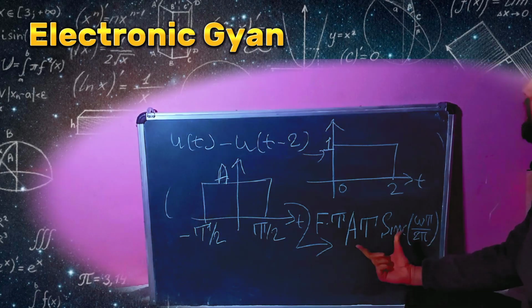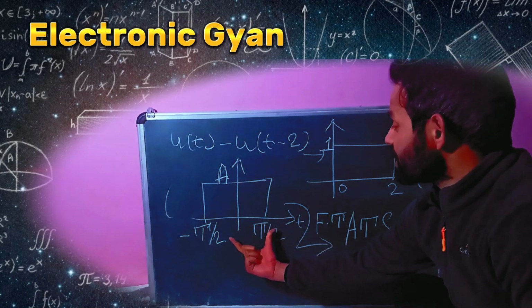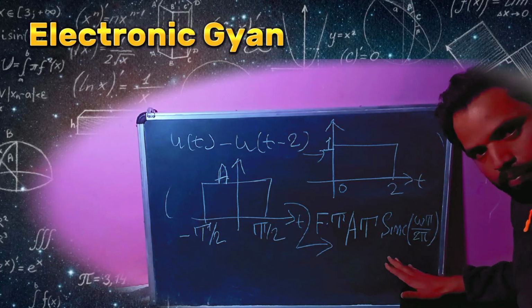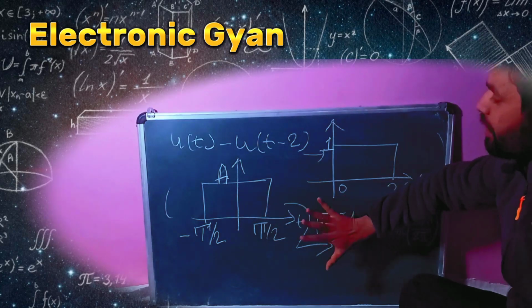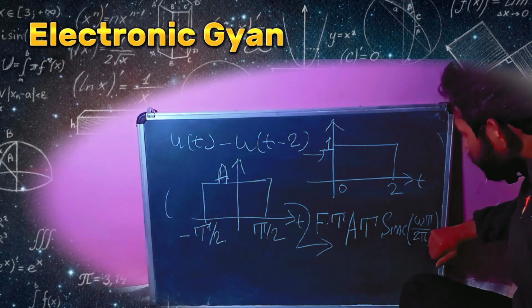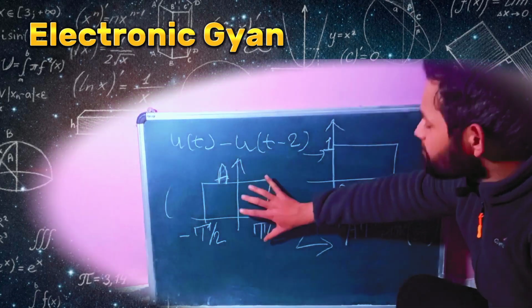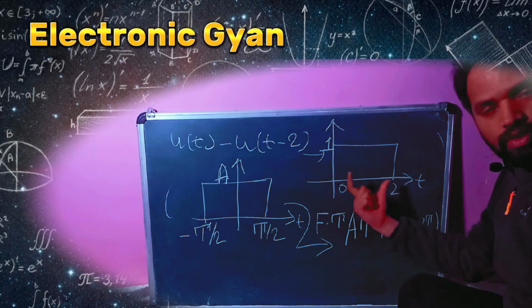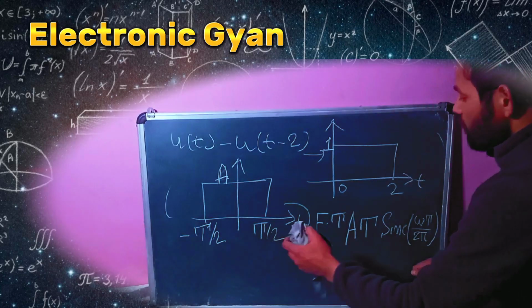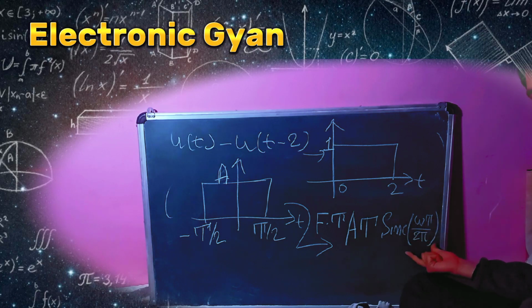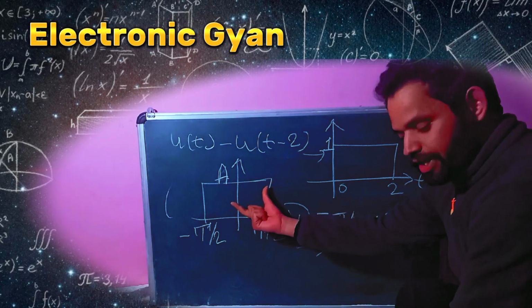Yes, this is the Fourier transform for this standard rectangular signal, A t sinc omega t by 2 pi. If we know the Fourier transform for the standard rectangular signal, then we also know it for its shifted version.